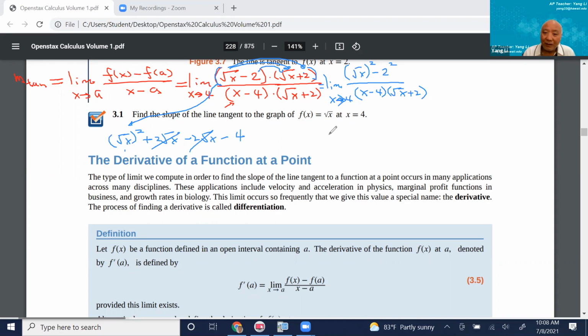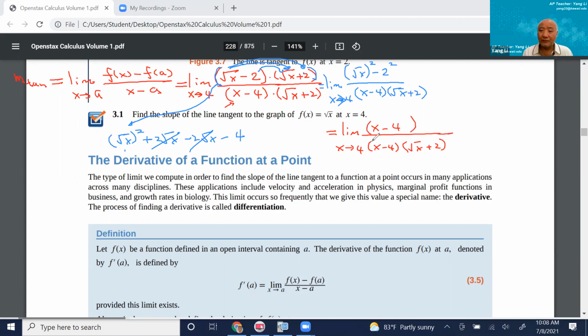Okay, when you got this format, things will be easier now. So we can get what? Limit x approaches 4. This one will be x minus 4 over the bottom one, you have x minus 4 and the square root of x plus 2, like this.